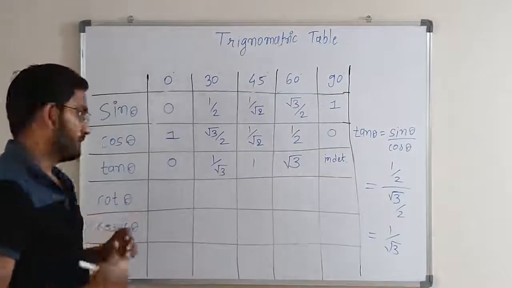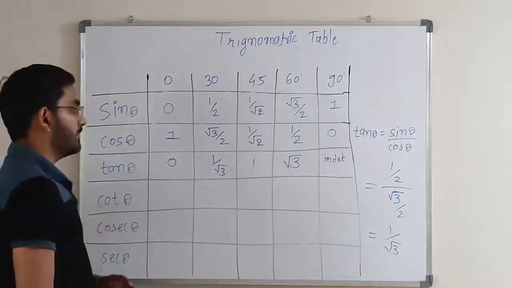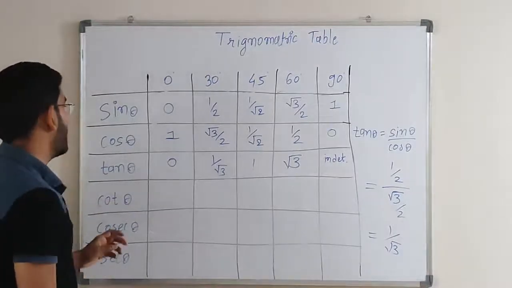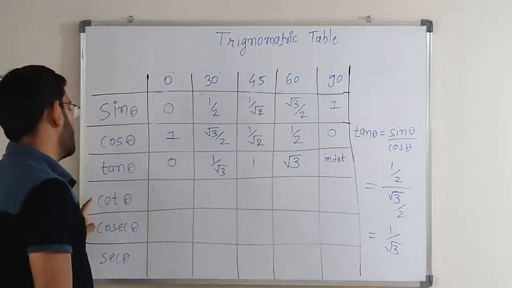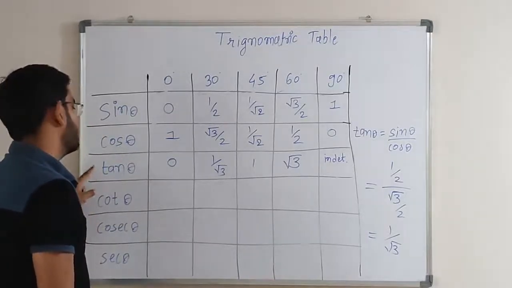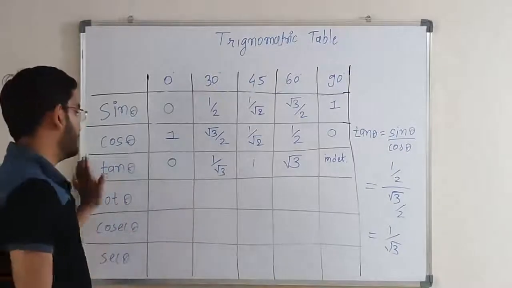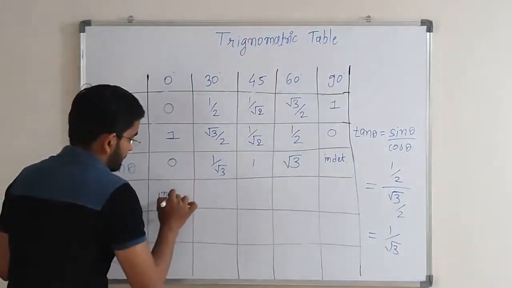Now if we find cot theta, just as cos theta can be written from sin theta, cot theta will be written from tan theta, in the opposite order of tan theta. So the first value is indeterminate.